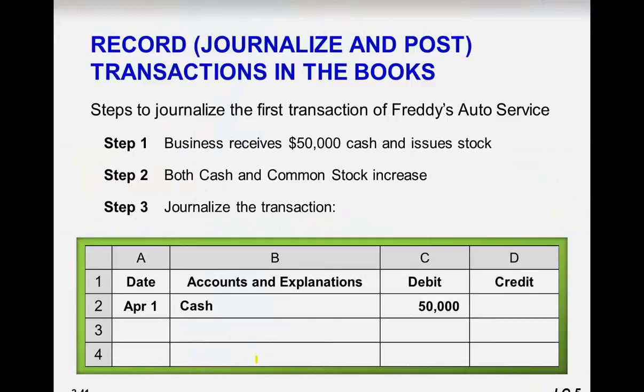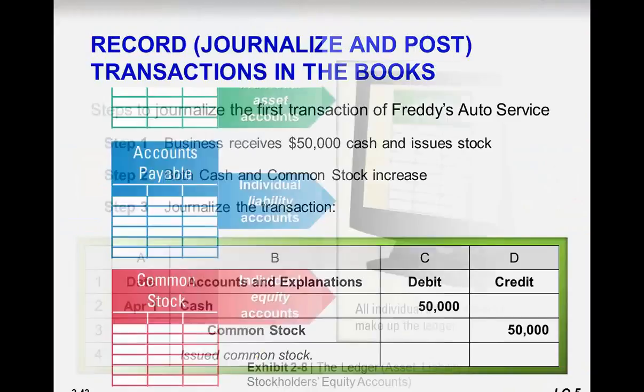And then we increased the amount of stock we had. Stock is a stockholders' equity account, and stockholders' equity increases on the credit side. Therefore, that would be our transaction.